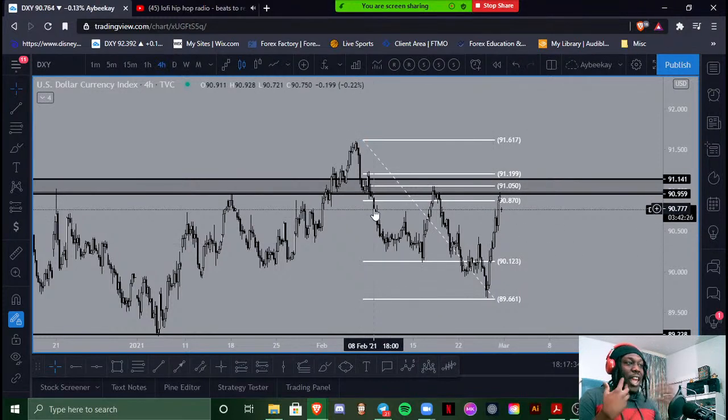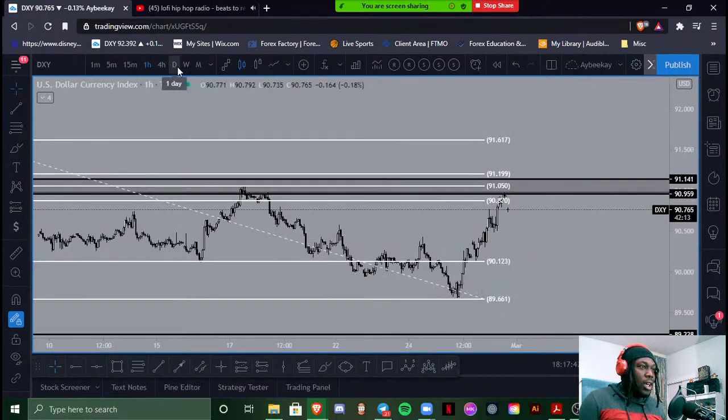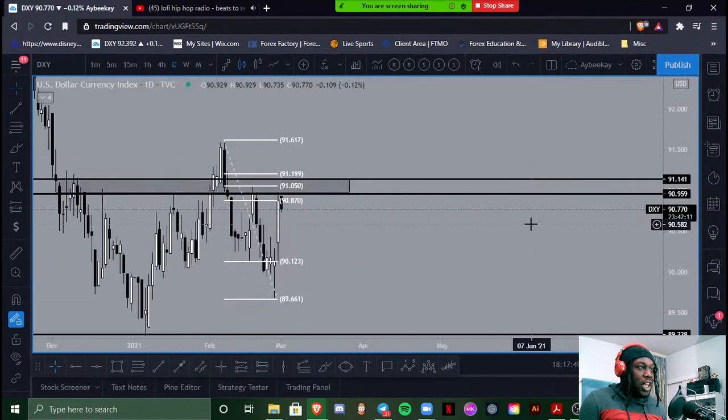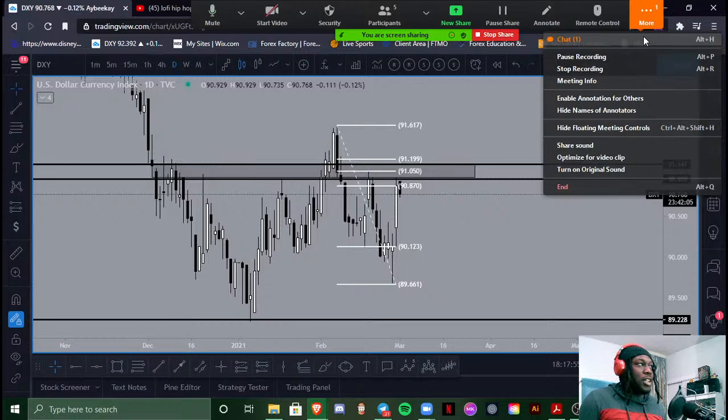So again, I really have to wait and be patient and see what the DXY is going to do, because I can't be comfortable with trying to buy this at this point in time. So just gonna be patient, gonna wait and see what the DXY will give me. But overall, just because the price is holding under this high supply zone, I'm good.